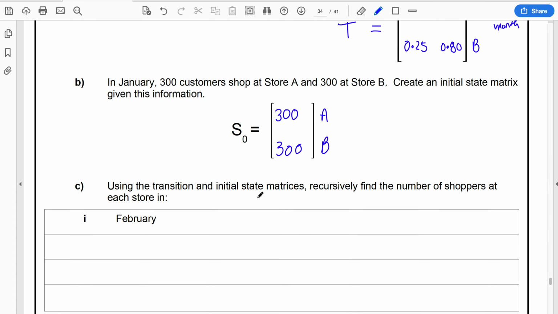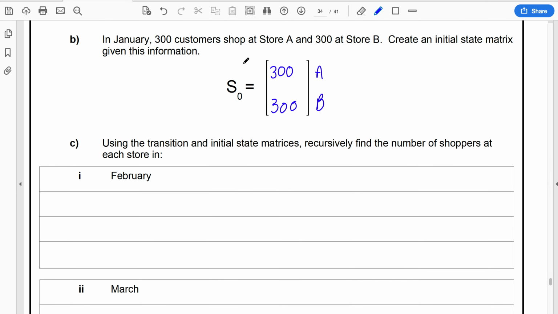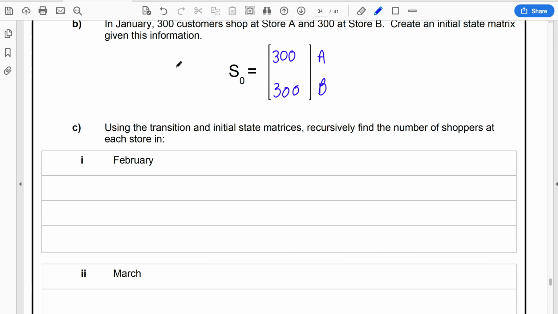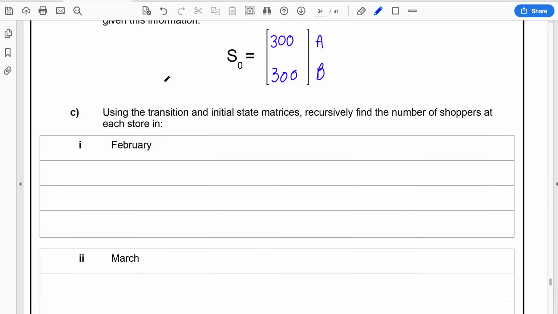What we're told is to use this transition matrix and this state matrix to find the number of shoppers at each store in February. Since this one's called S0, that's for January, so we create our next state matrix. These matrices labeled with an S represent the values in February, so how many shoppers at each of the stores in February.